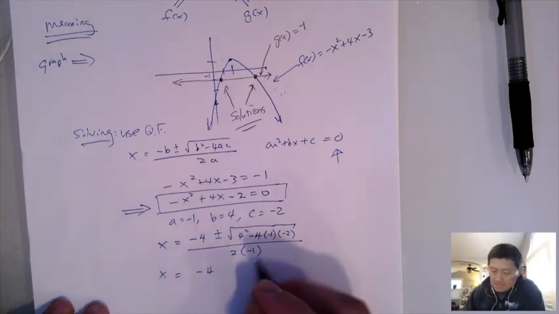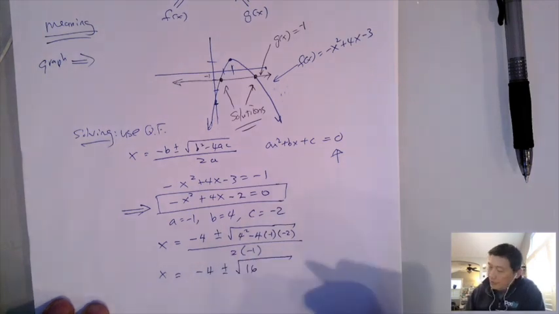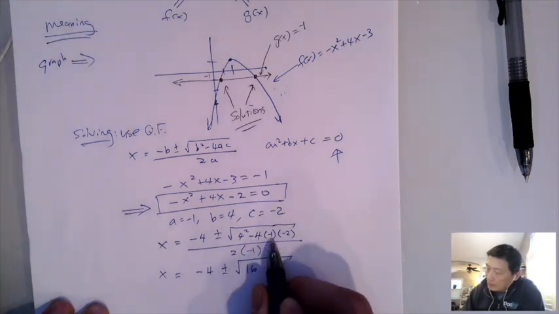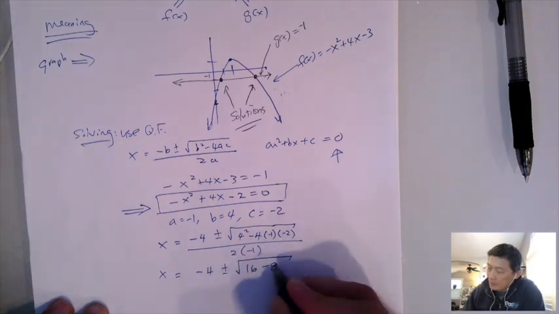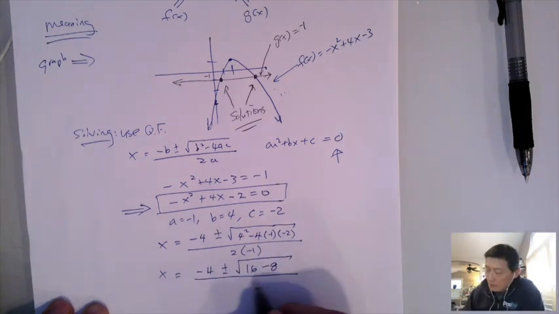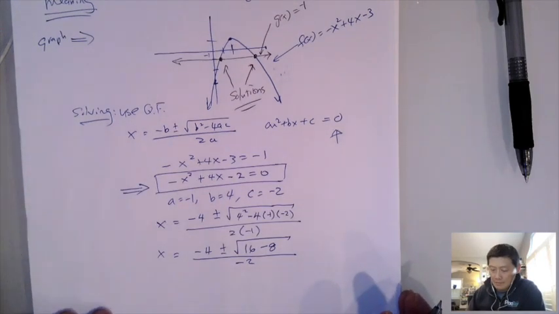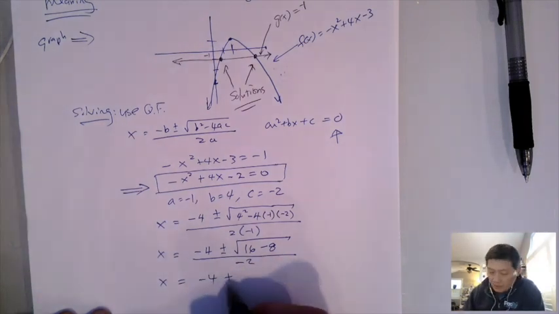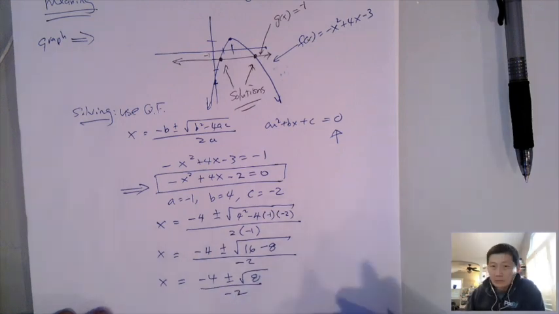So x is equal to negative 4 plus or minus the square root of 16. You have negative 4 times negative 1, which is positive 4, and positive 4 times negative 1, which is negative 8, so minus 8, over negative 2. Then x is equal to negative 4 plus or minus the square root of 8, over negative 2.